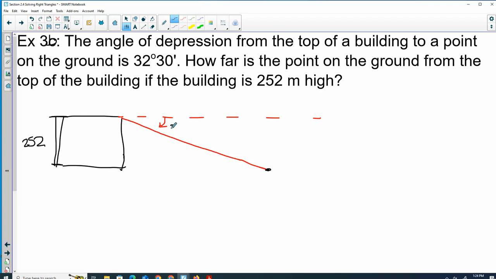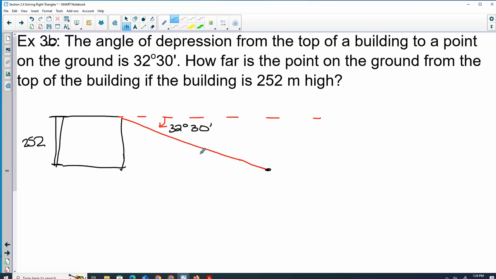And that is 32 degrees 30 minutes. I want to know how far it is from the point on the ground from the top of the building.